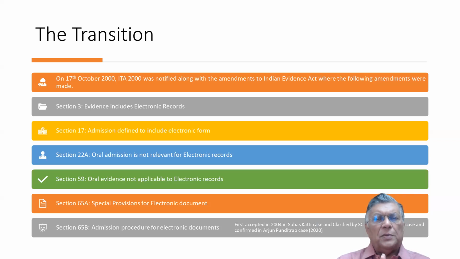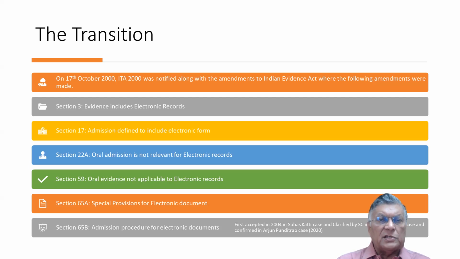Now, Section 65B actually came into the Indian Evidence Act after the Information Technology Act 2000 was notified from 17th October 2000. In that act, they started with Section 3 of the Indian Evidence Act, to say that evidence includes electronic records.